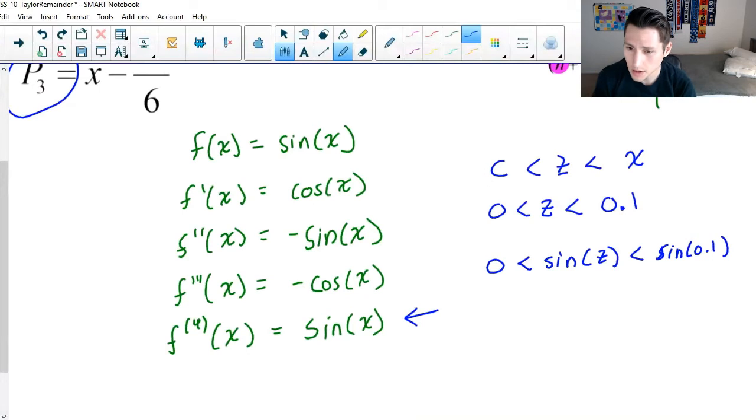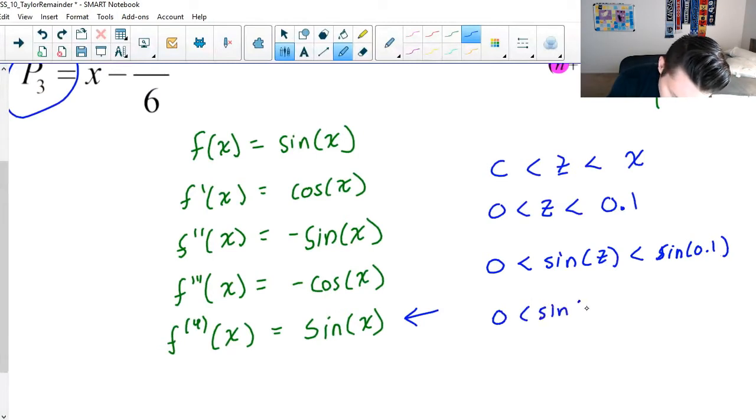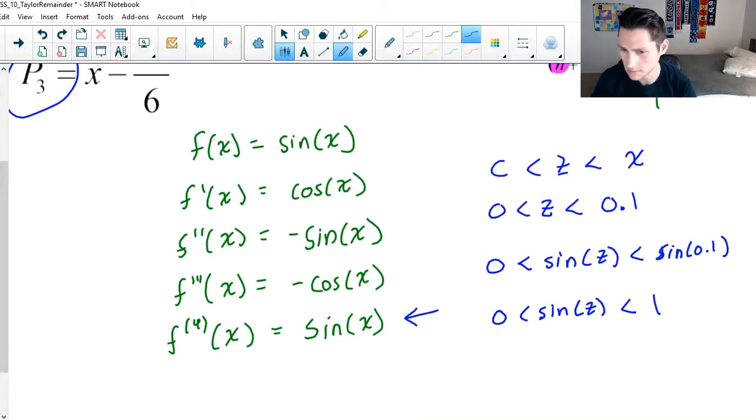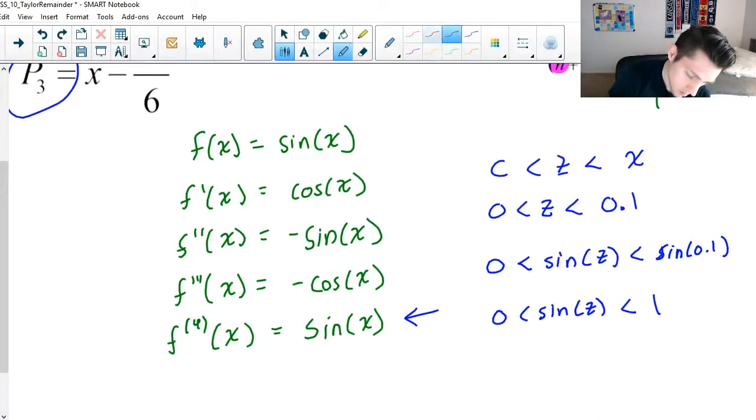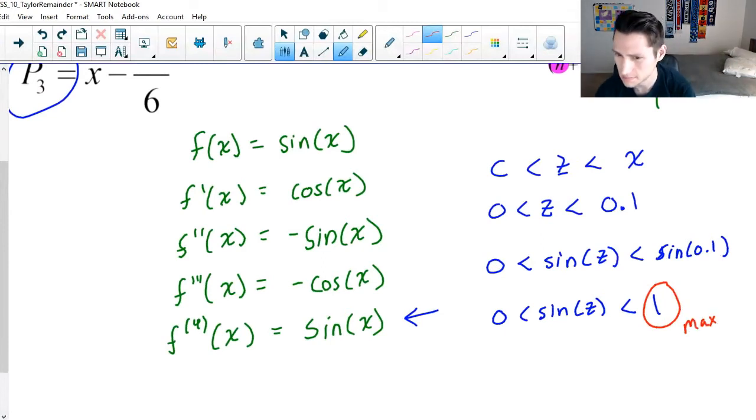And as I'm alternating through here, sine in general, I know that the maximum value of sine is 1. So just to make this easier on myself, I know that sine of z, whatever it is, has to be some positive value that's between 0 and 1. So 1 is my maximum here.